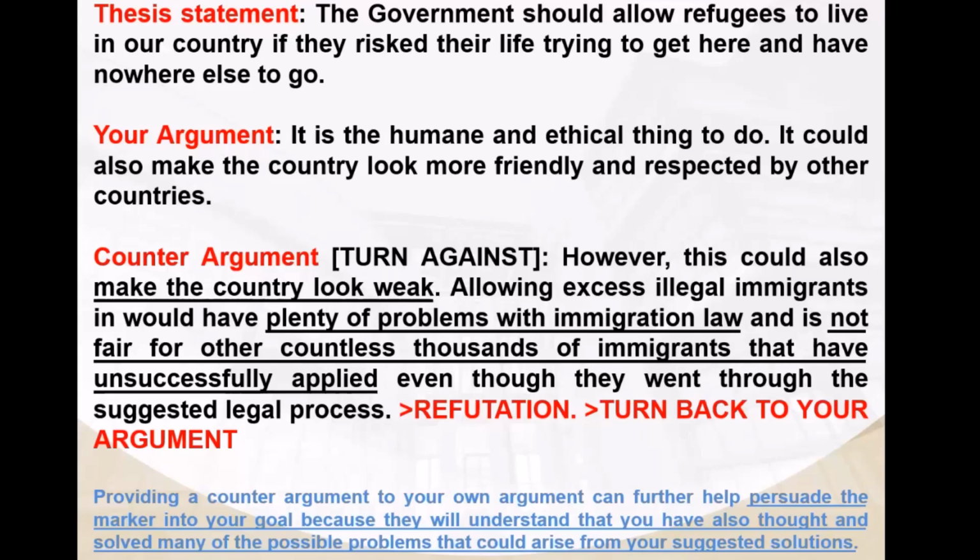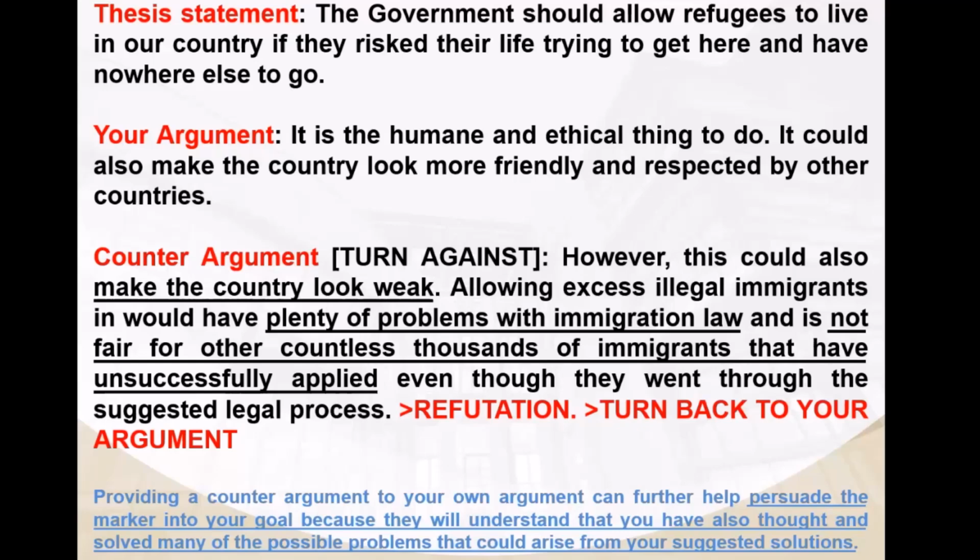If you look at this paragraph, I'm going to read it all together before we analyze it. It says the government should allow refugees to live in our country if they risked their lives trying to get here and have nowhere else to go. Now, by the way, this is your argument.